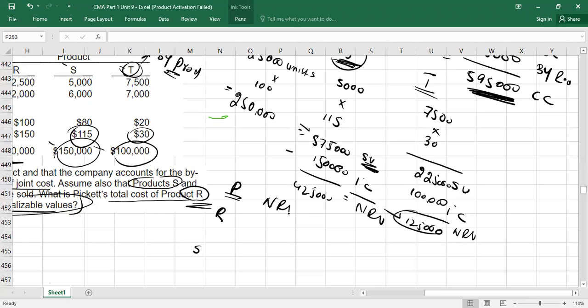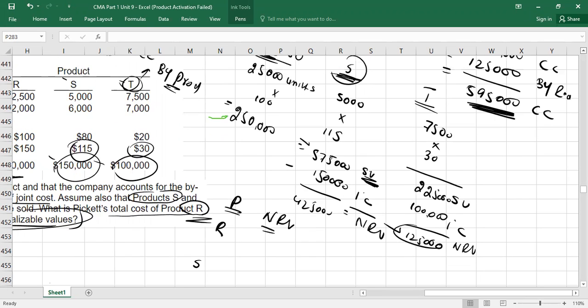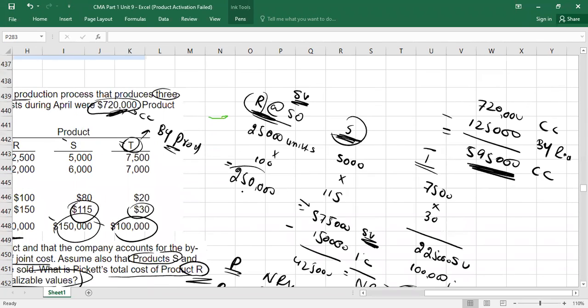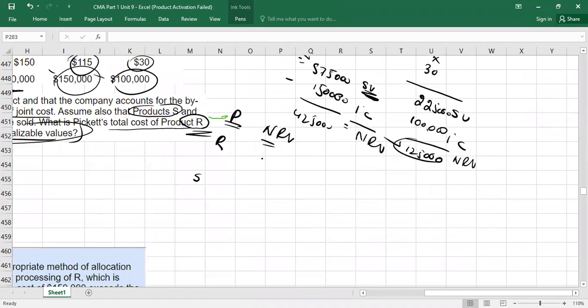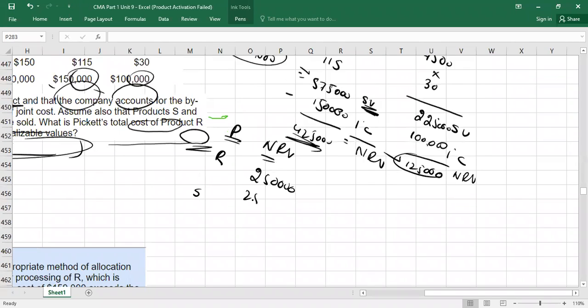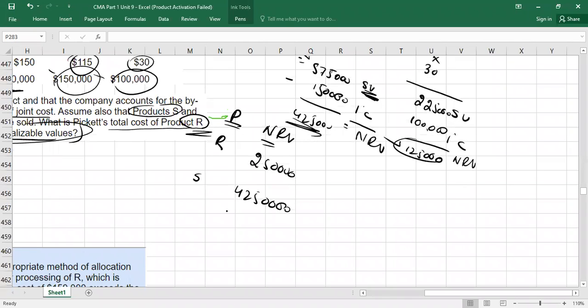I'm writing directly NRVs. For R value, you have already calculated because it's not going to process, but it is how much? 250,000. But for S, it is how much? For 425,000 we calculated here. Total is going to be how much? 675,000.